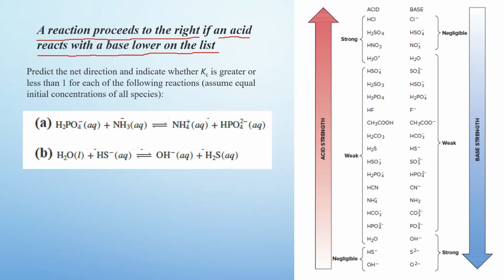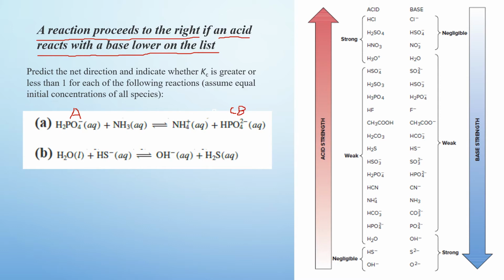For equation 1, we have H2PO4- and ammonia, generating ammonium and HPO42-. First let's identify the acid and the base. Because H2PO4- loses a proton, it is the acid, and this will be the conjugate base.